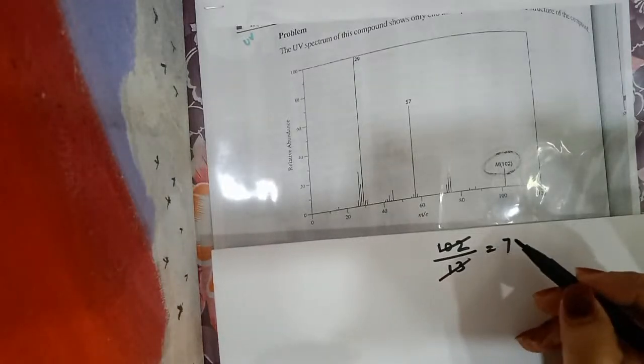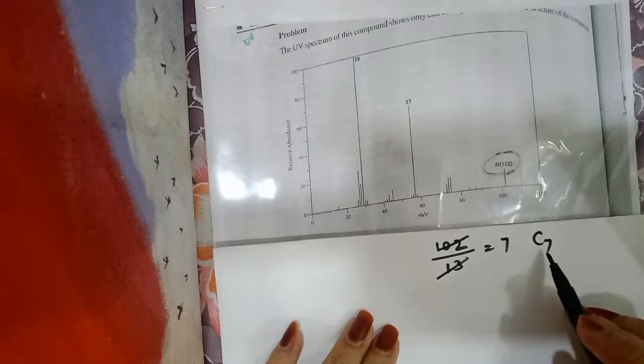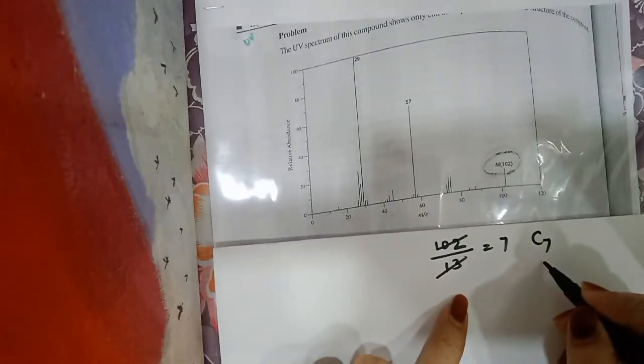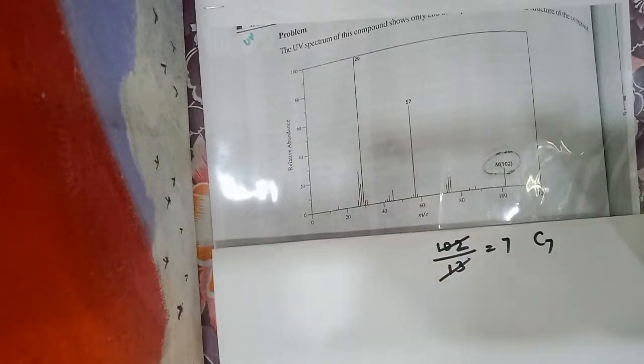So we can calculate a formula of 7, that is C7. If it is C7, we must also know that per oxygen 2 hydrogens are calculated.